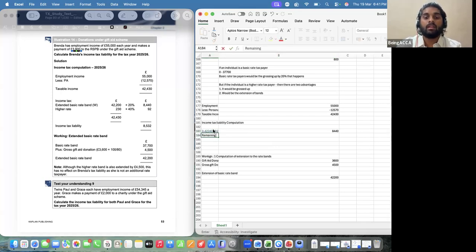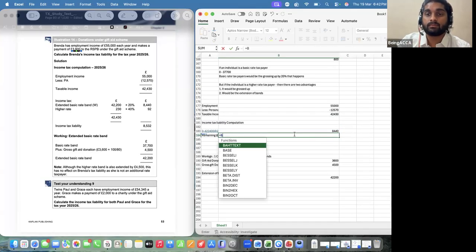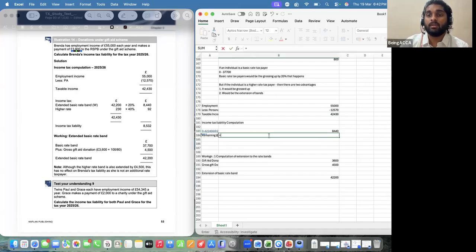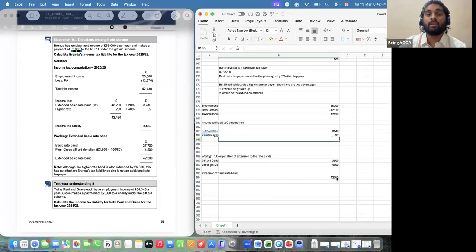Remaining tax would happen at 40%, which is equal to 42,430 minus 42,200 into 40%, giving a total of 92 pounds.